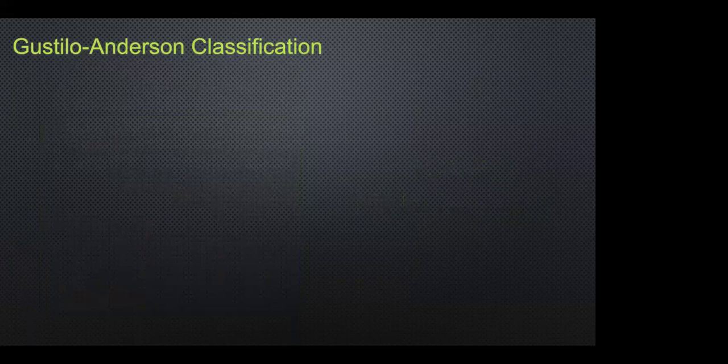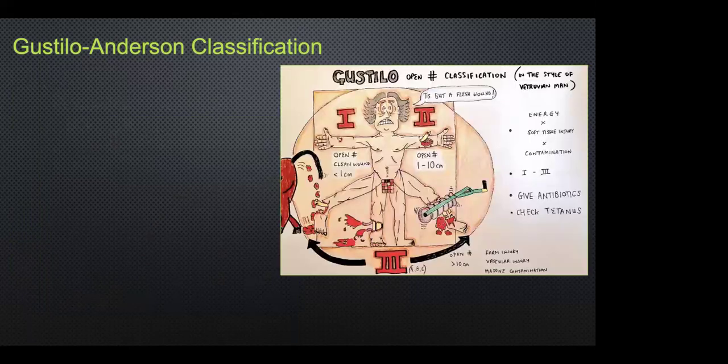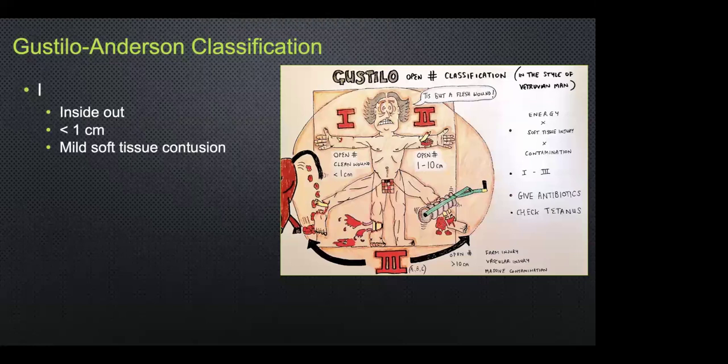There is a classification system for open fractures called the Gustilo-Anderson system. This is one that started off in human medicine. We still use it in veterinary medicine, although there's another one that I'll touch on as well. And this is categorized into three main types of open fractures. You've got your type 1, which is considered an inside-out open fracture.